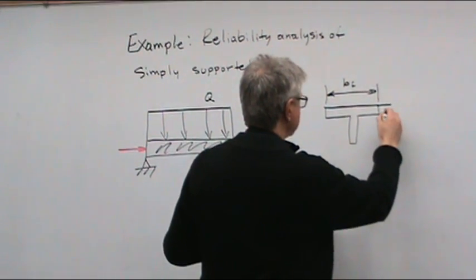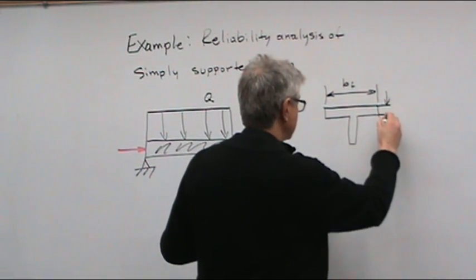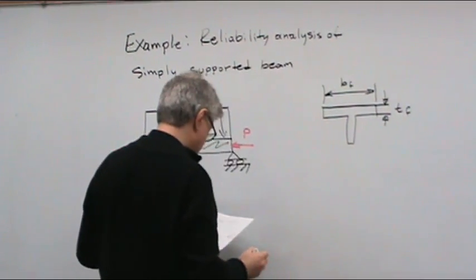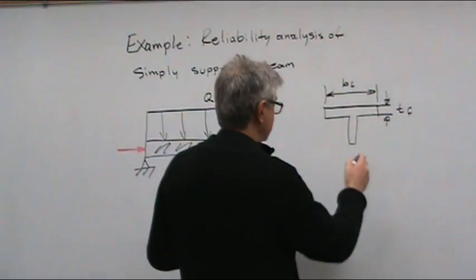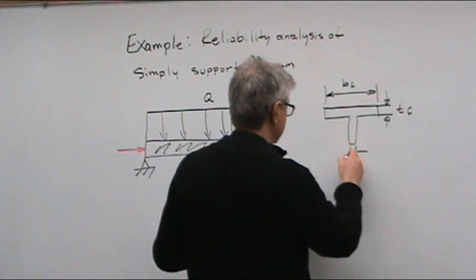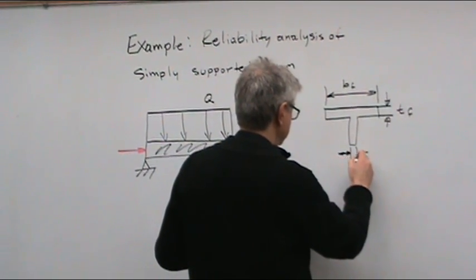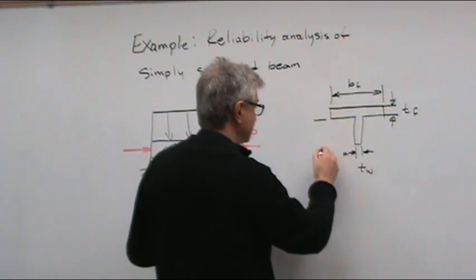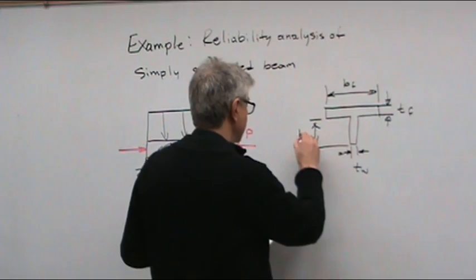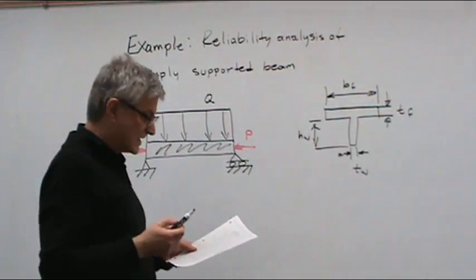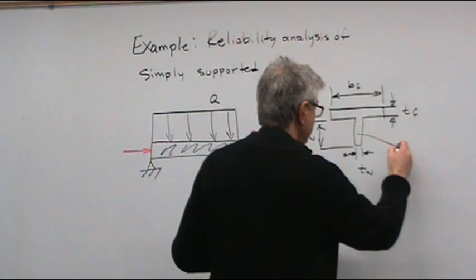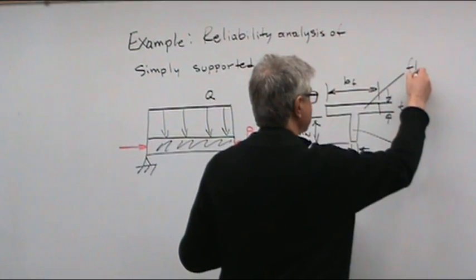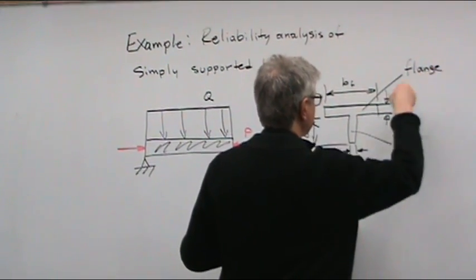This is the thickness W, and the height HW. The vertical portion is called the web, and the horizontal portion is called the flange. So we have a flange and the web.